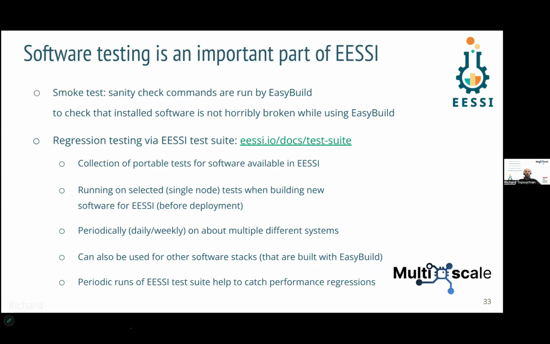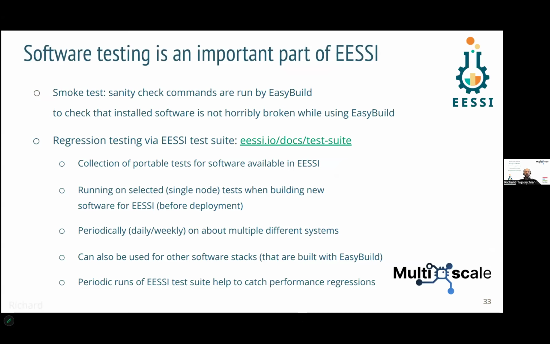In Easy, we don't just build the software, we make sure through tests that the software that we build is valid. So we run two types of tests. First, the smoke test, which are the sanity check commands that are run by EasyBuild to check that the software is not horribly broken while using EasyBuild.